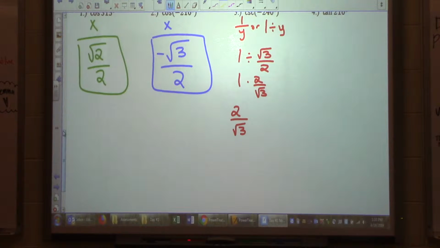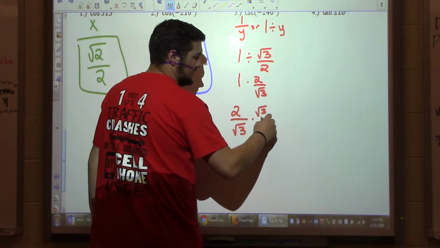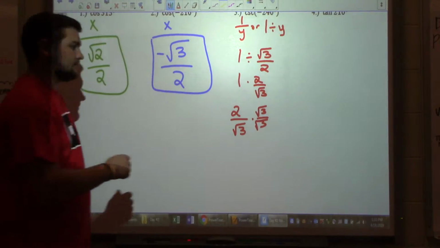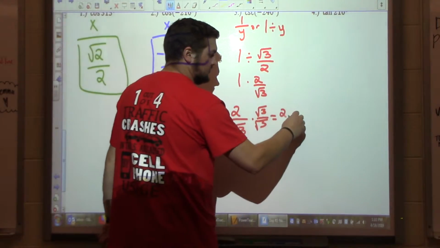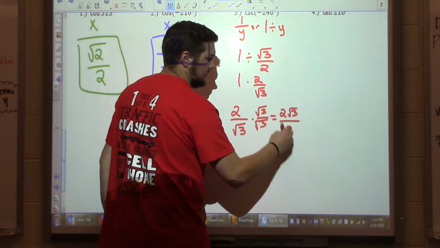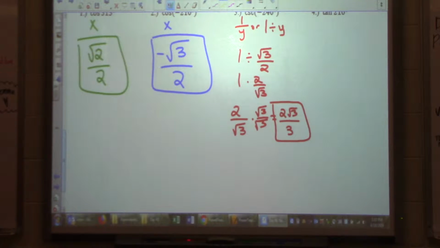What's that vocab word? Rationalize it. Right? So to rationalize it, multiply by square root of 3 over square root of 3. On top I'm left with 2 square roots of 3. On bottom I'm left with 3. That would be my answer then. 2 square roots of 3 over 3. Make sense?